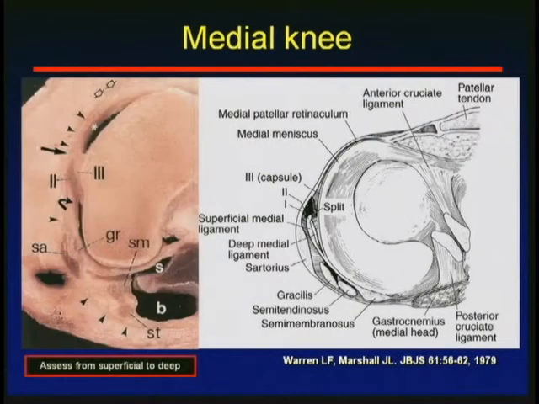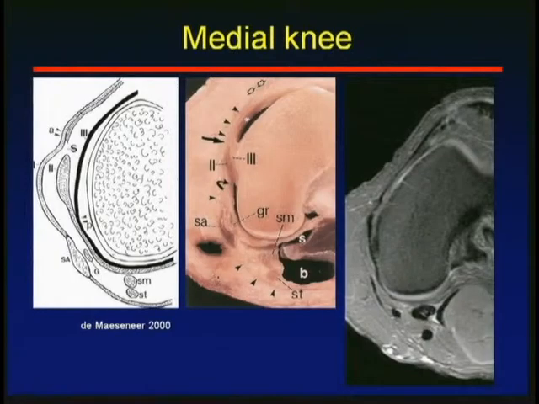So when we look at this, instead of just looking at it top to bottom, it's also important to look at it from outside to inside and assess both those superficial and the deep components. So I'd like to supplement the analysis on the coronal plane with the axial images to really try to figure out how much of the ligament has been damaged.